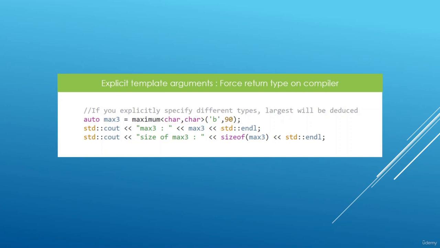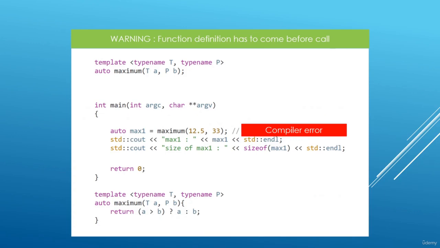The last thing I want you to be aware of is that if you are using auto return type deduction, the definition has to show up before the point where you call the function. And we have seen this before, but it is also going to be the case if you are using function templates.